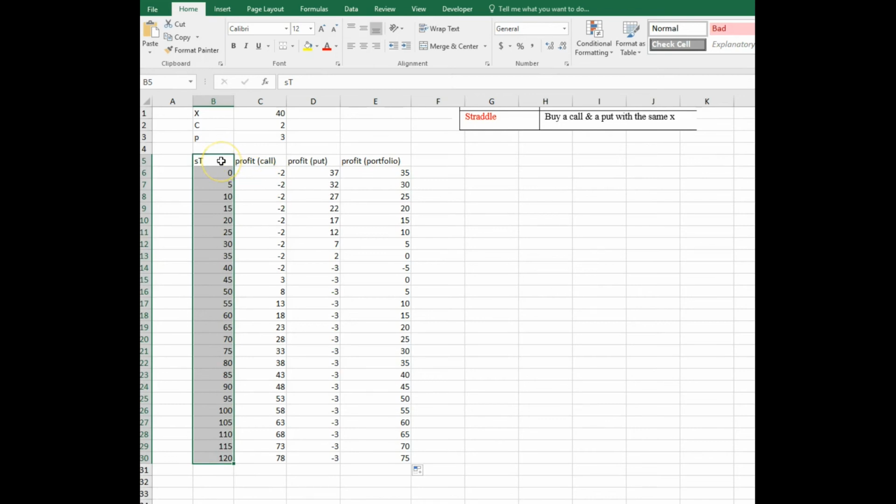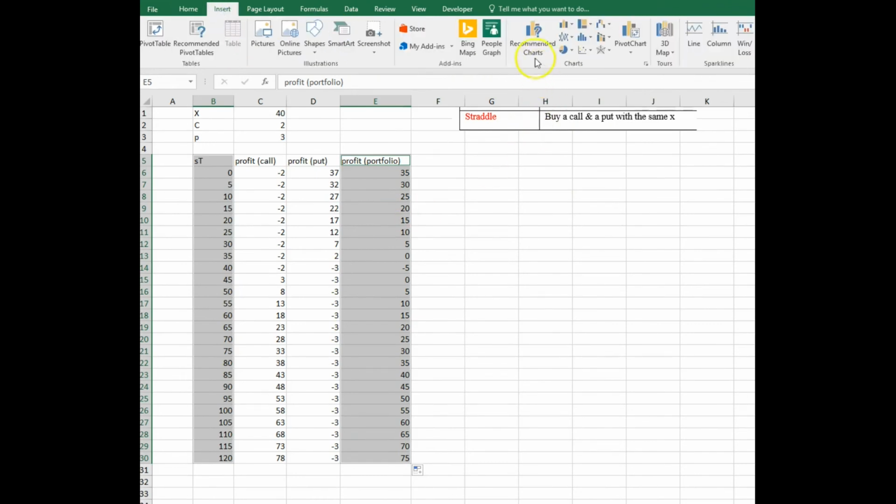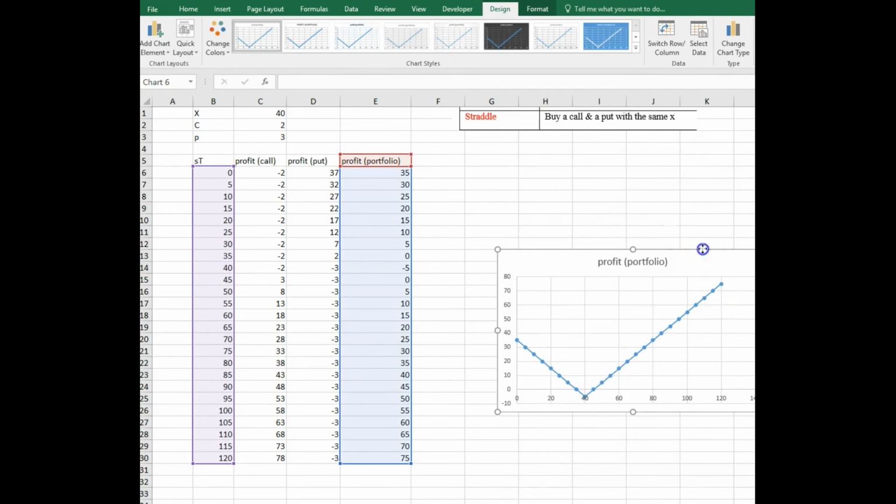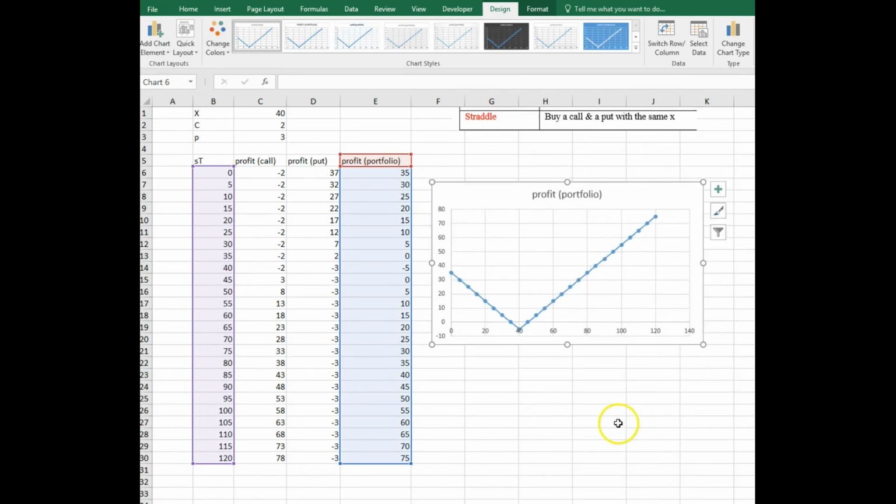We highlight terminal stock price, hold control key. So this is our profit loss, and insert recommended. So this is our final result.